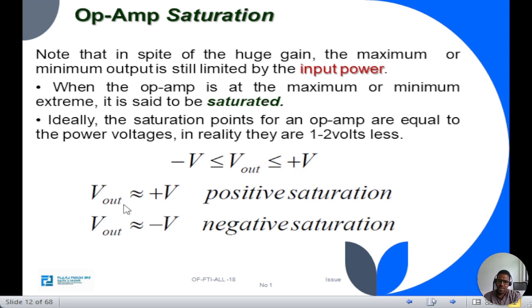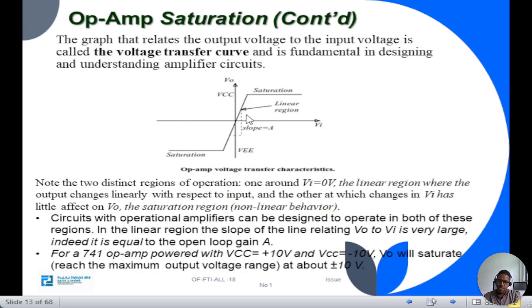So V out is approximately the positive supply voltage during positive saturation, and approximately the negative supply voltage during negative saturation.